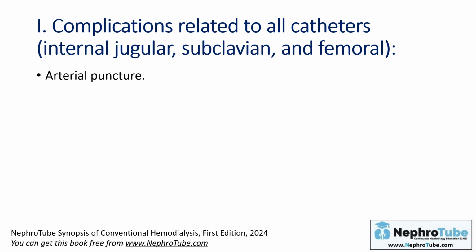That's why in the insertion technique, it's better to use small gauge needles at first. So if you did any puncture, it will be of a small size, and it is important to make local, uninterrupted pressure for about 15 to 20 minutes for any arterial puncture to avoid the development of hematoma.